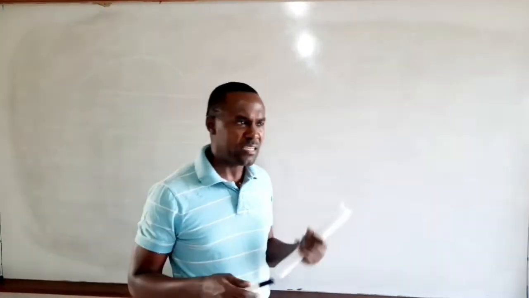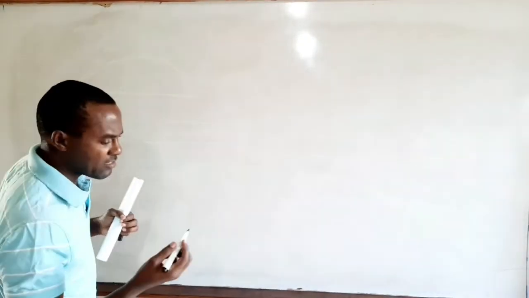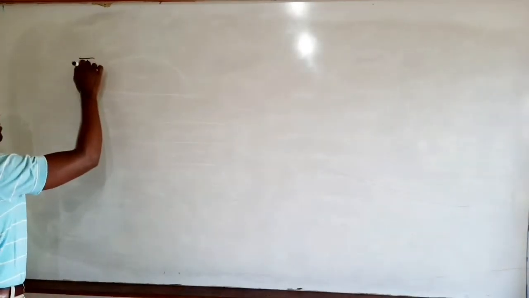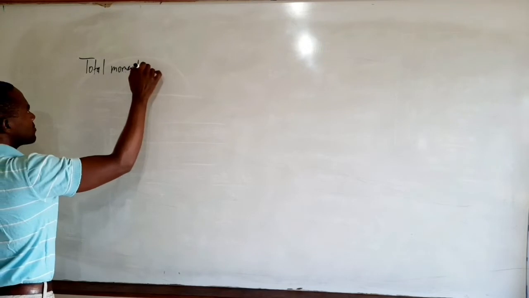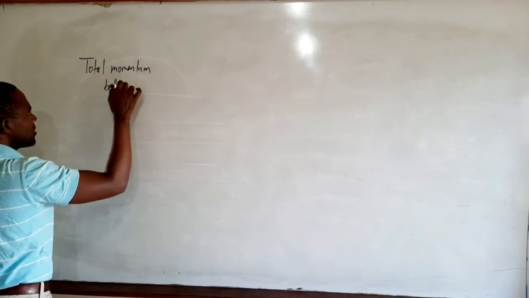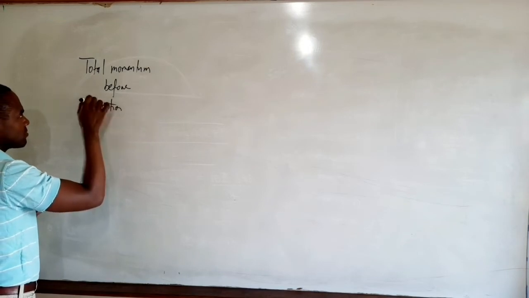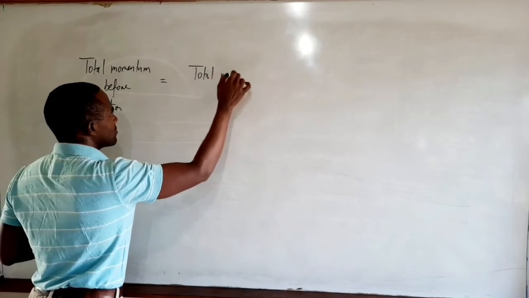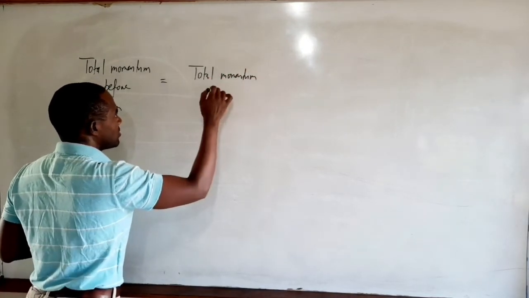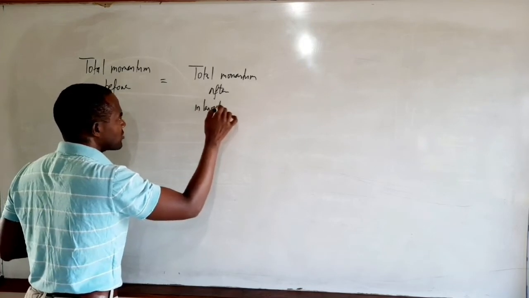And what the principle is essentially saying is that provided no external resultant force acts on the system, then the total momentum before interaction is equal to the total momentum after interaction.